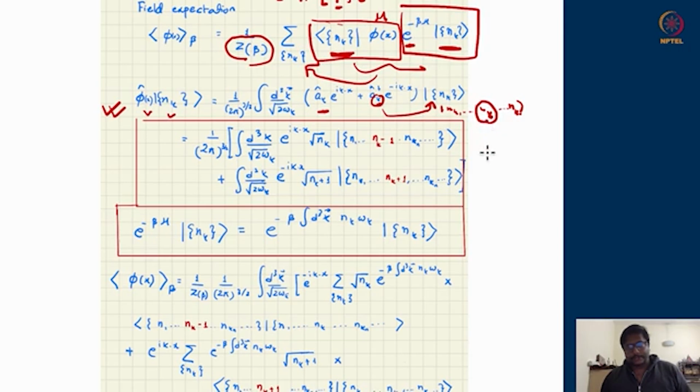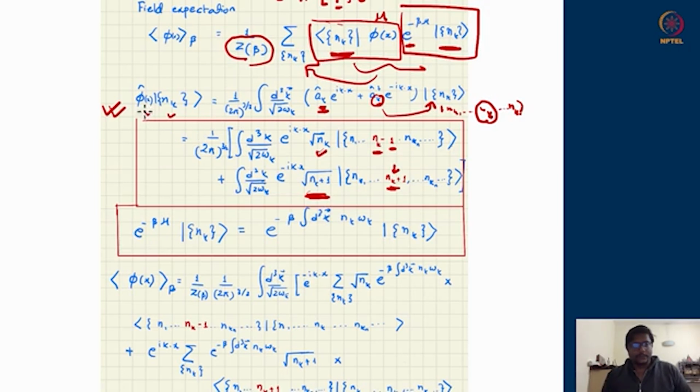Operation of that will make root n k plus 1 come out, and the n k becomes n k plus 1. So a k dagger will raise the particle content in mode k by 1. Similarly, the a k operator will hit this state, search for its own k, and decrease the number of excitations in that state by 1, n k minus 1, and root n k will come out as the factor. This is the usual ladder operators business.